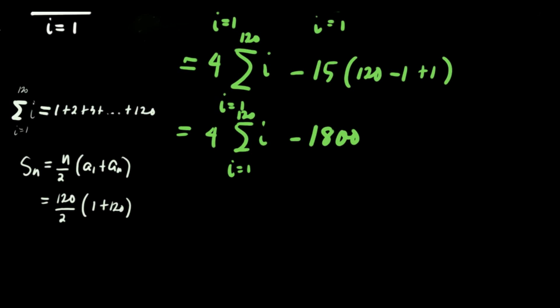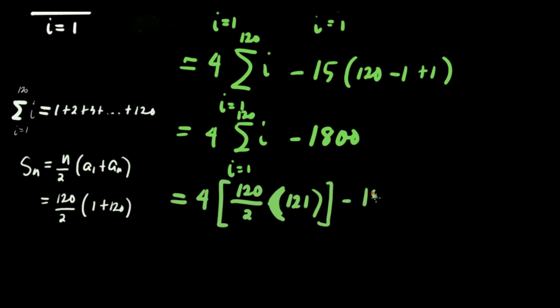Now, we can go back to the summation, and this can be written as 4 times, now we have a formula for this. That's 120 over 2 times, let's have a bracket here, 1 plus 120 is 121, minus 1,800.